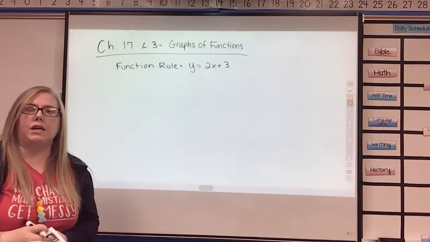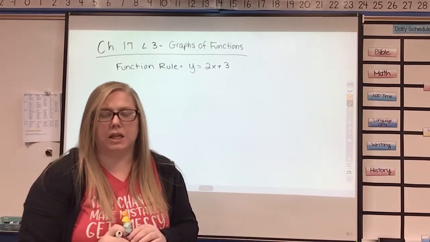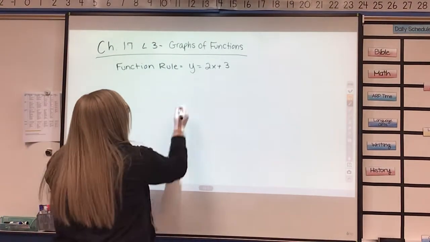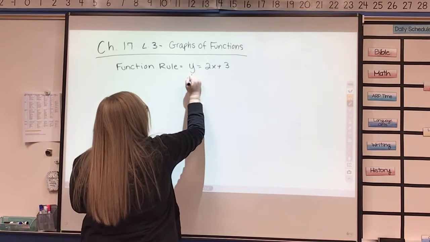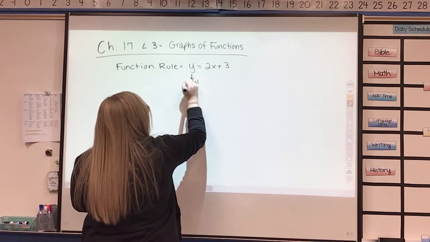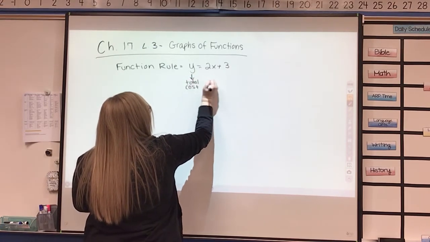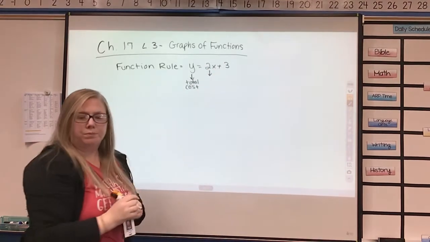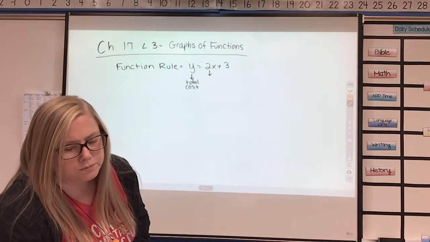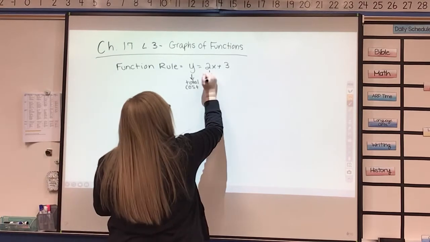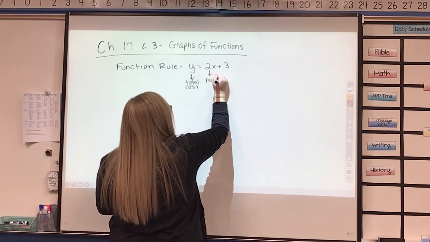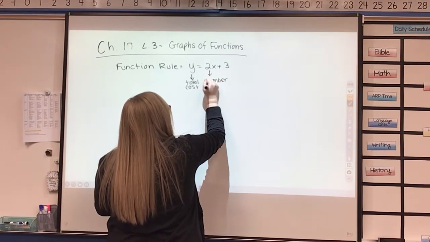Okay, so y equals 2 times x plus 3. So this is the total cost. This is the number of postcards ordered.